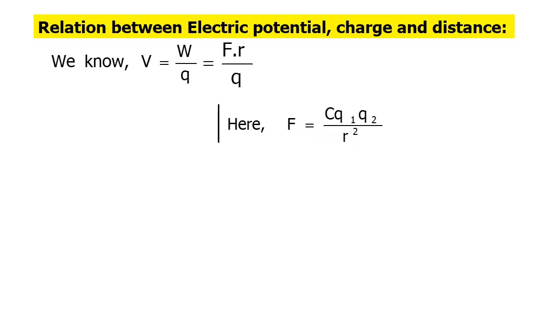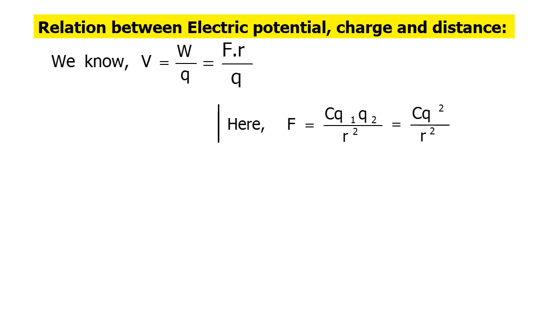If we want to write the force for similar charges, then the amount of first charge and second charge is equal, so we can write F equals C Q square by R square.